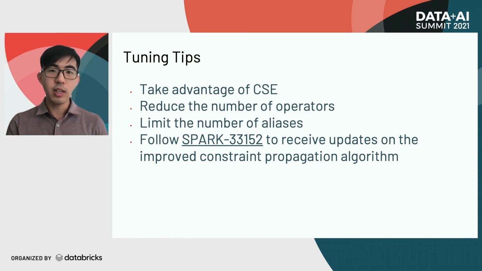Continuing along the same trend, we want to reduce the number of operators in general, and also limit the number of aliases, because the more of these you have, the harder it is for Catalyst to handle them. And of course, if you want to uptake our improved constraint propagation algorithm, please follow the open source Spark Jira. We will try to push it into Spark, and hopefully we'll see this in mainline Spark in the future.